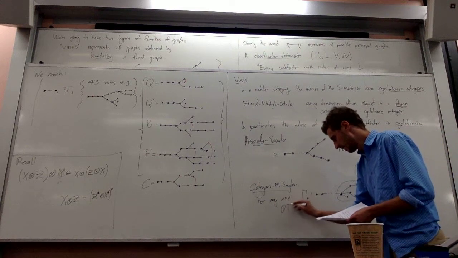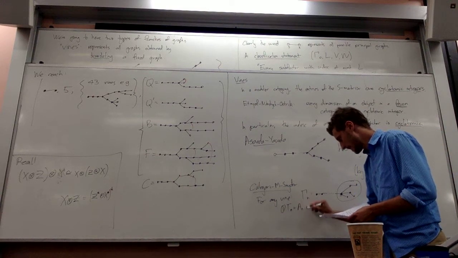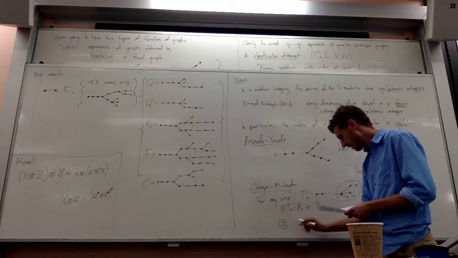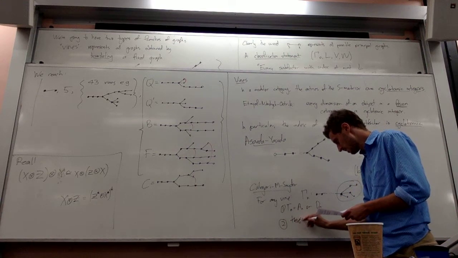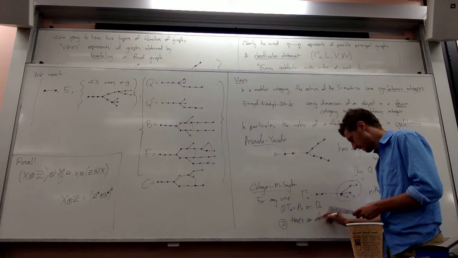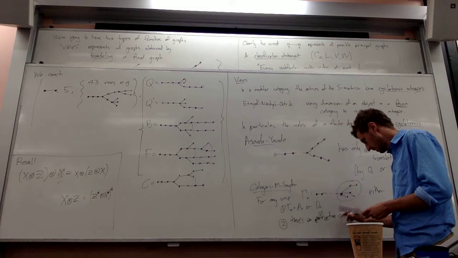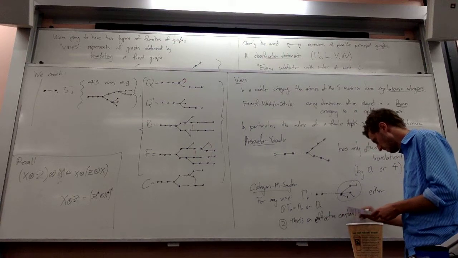Either gamma n is just A_n or D_n, or there's an effective constant. Oops. Really computable.